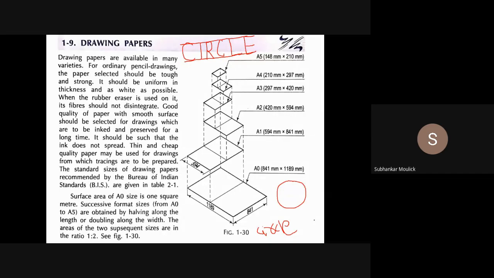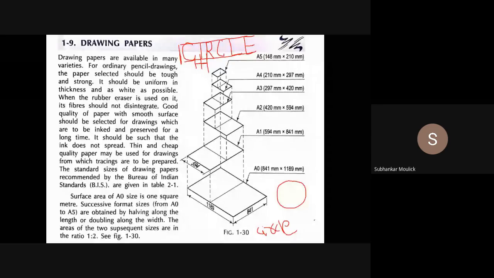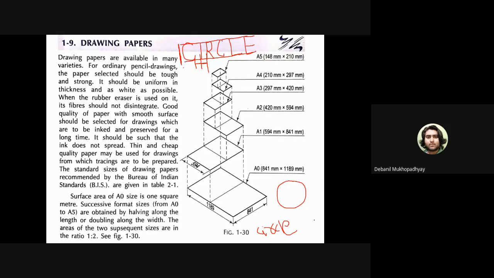That means distance between C and I should not be more than 0.5 centimeter. Distance between I and R should not be more than 0.5 centimeter, and so on. And this vertical height should not be more than 2 centimeter. Is it clear? Fine.